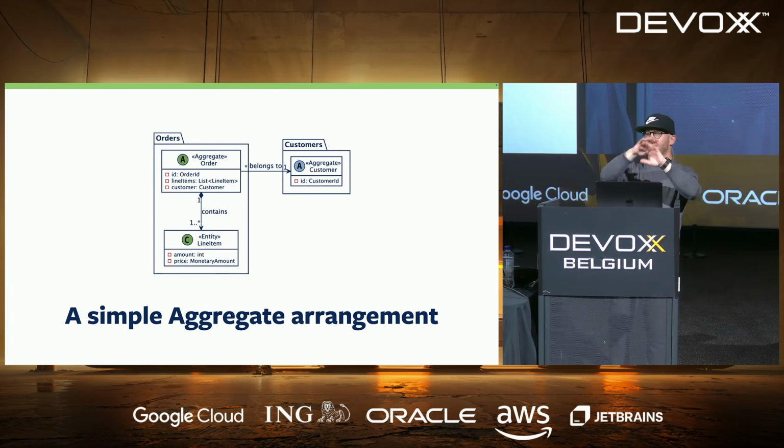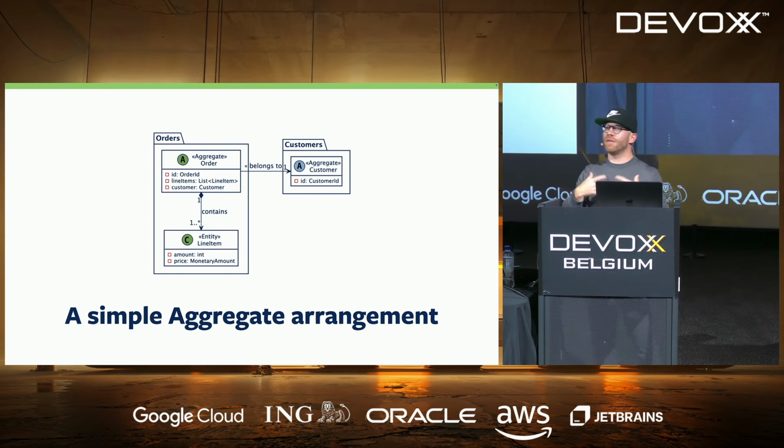So we have an order that's located in some kind of orders space, module, what have you, and the order consists of a set of line items, one to many. The order, quote unquote, belongs to a customer, so someone has actually placed that order, but that customer concept lives in some other place, separate from the order.